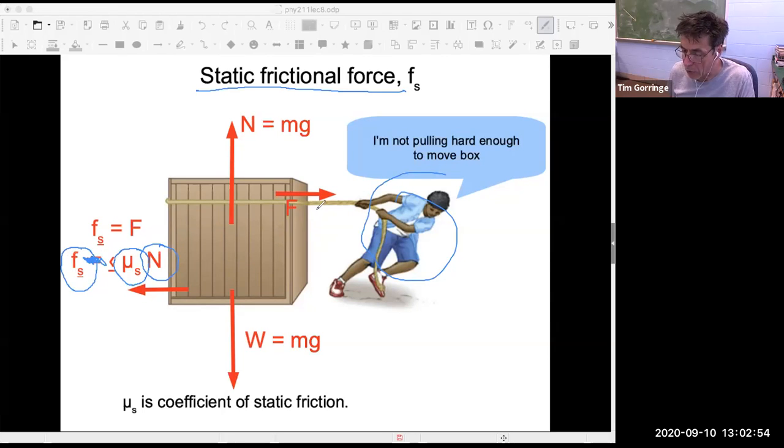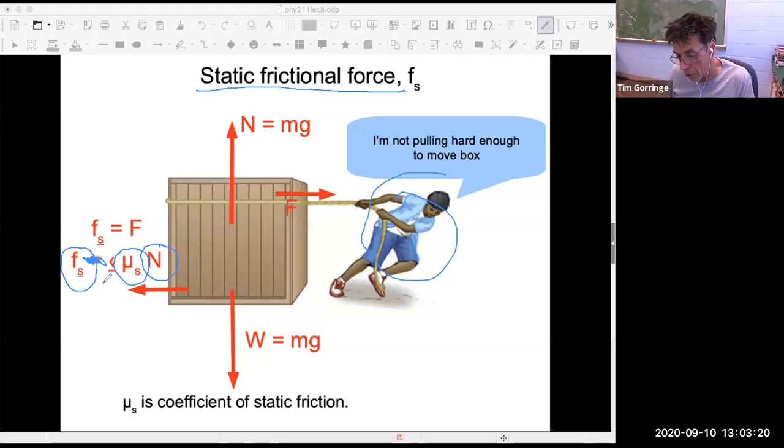So for example, if I wasn't pulling at all towards the right, there would be no static frictional force towards the left. There'd be no need to balance my pull because there was no pull. And that obeys this limit, right? Zero static frictional force obeys that limit. If I start to pull towards the right, then I start to get a frictional force that's balancing my pull with a friction force towards the left.